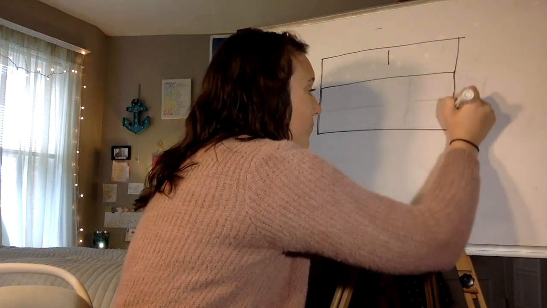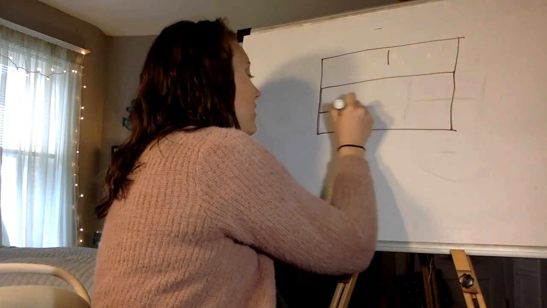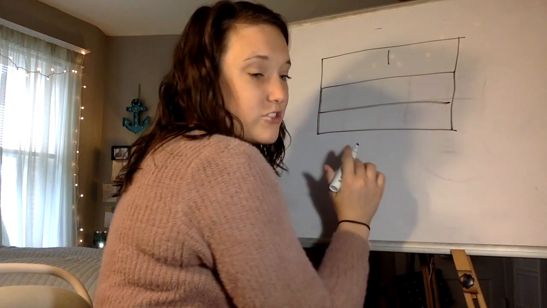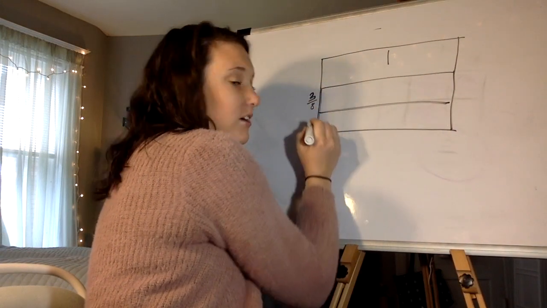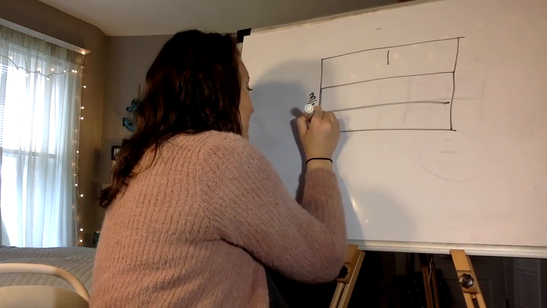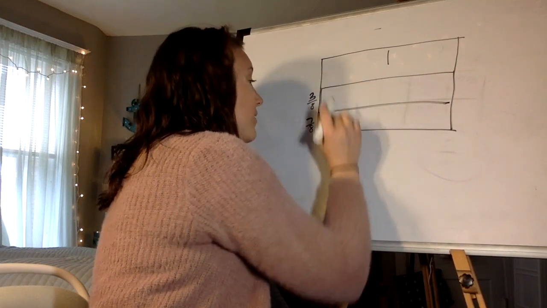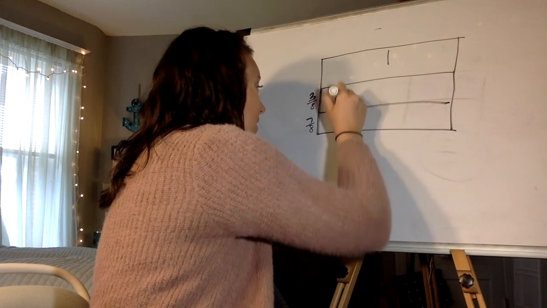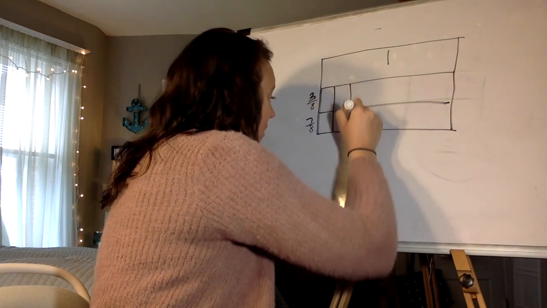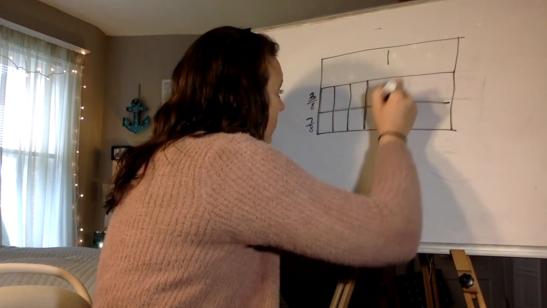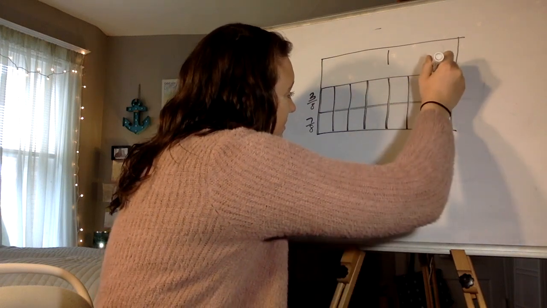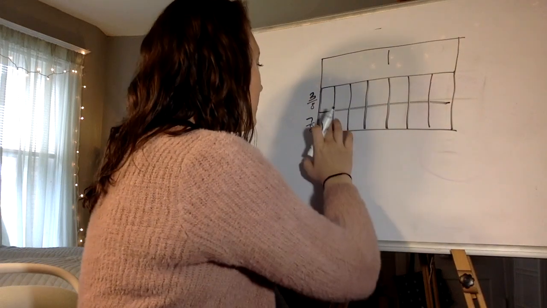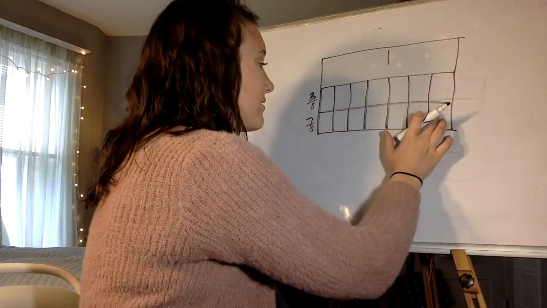And then we have 2 sets, and it looks like it says 3/8 here and 7/8 down here. And so that means we have to divide into 8. So 2, 3, 4, 5, 6, 7, 8. 1, 2, 3, 4, 5, 6, 7.